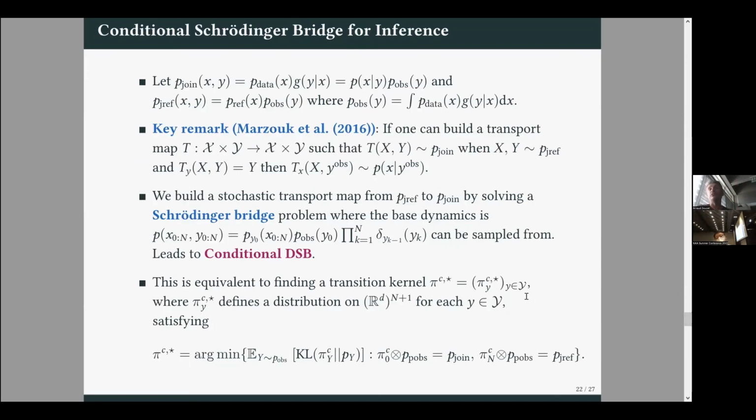And it turned out there's actually a very simple way to get around it, which is essentially doing a Schrodinger bridge on an extended space, where now you work in the joint space of, say, your image space and your observation space.